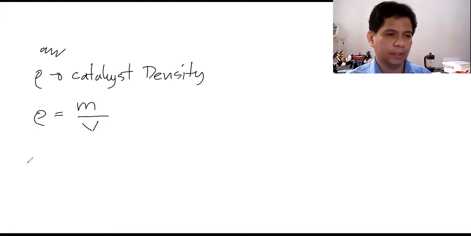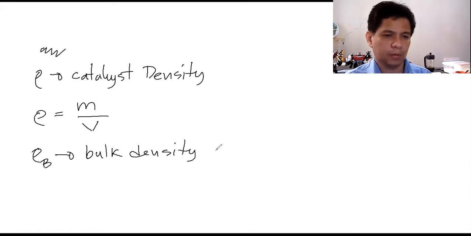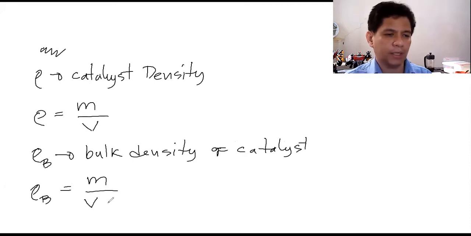No? And then let's consider rho B. This time, rho B is the bulk density of the catalyst. So this time, the bulk density is equal to mass divided by the volume of the catalyst plus the void volume.